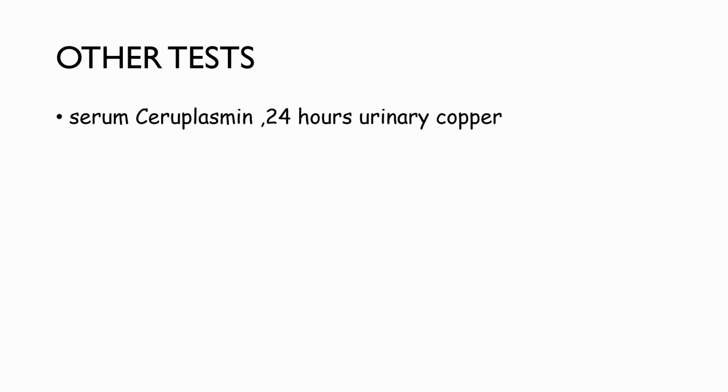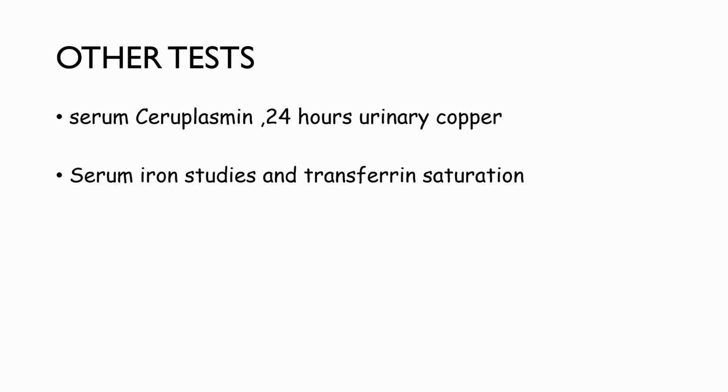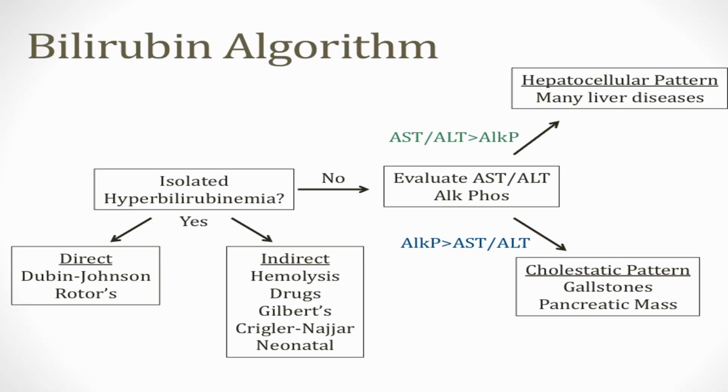This is the algorithm. If there is isolated hyperbilirubinemia alone: if isolated direct hyperbilirubinemia, you could suspect Dubin-Johnson or Rotor syndrome; for indirect hyperbilirubinemia, it could be hemolysis, drugs, Gilbert's, Crigler-Najjar, or neonatal jaundice. But if it is not isolated hyperbilirubinemia and there are also impaired liver parameters, it could be either hepatocellular or obstructive.